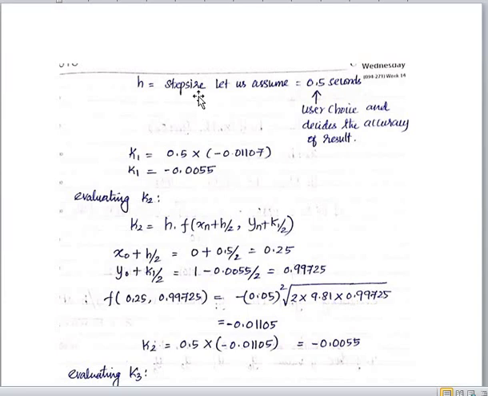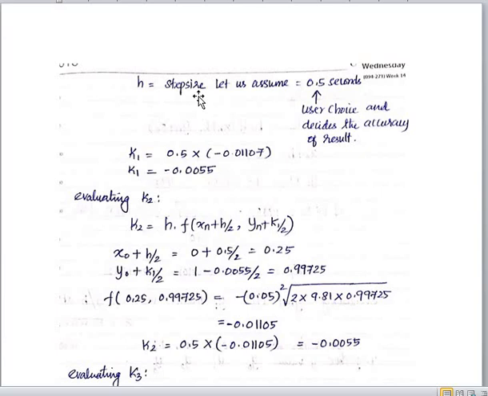Initially the problem statement says the height of the water inside the tank is 1 meter. At a particular time, I start opening the tap provided at the bottom of the tank. So what will happen? The level inside the tank will start reducing.